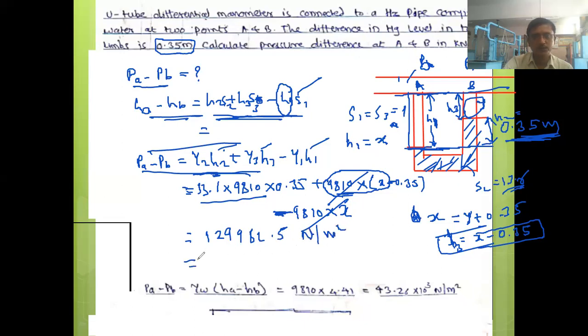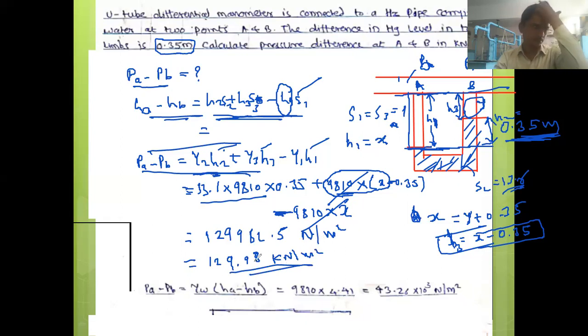It is asked to find the answer in kilonewton, so divided by 1000, you will get 129.98 kilonewton per meter square. Have you got the same answer? Anyone? Yes, sir. Okay.